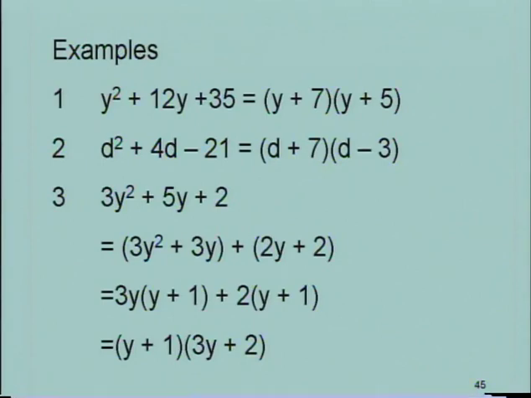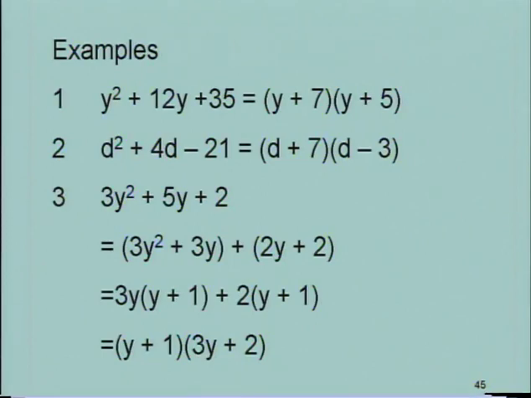So 35 is the same as 7 times 5, and when you add 7 to 5, we get 12. So if we apply that phrase a moment ago to the right-hand side, you'll find that y times y will be y squared, which is on the left. 7 times 5 will be 35, which is the third term on the left. And the nose, 7 times y is 7y, and the chin, y times 5, which is 5y. 7y plus 5y will give us the middle term, 12y.